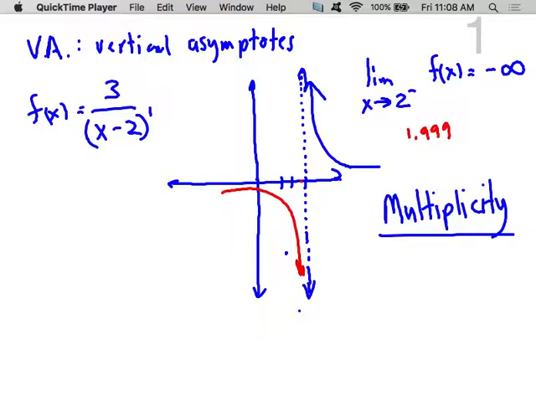Does this sound familiar? What if the multiplicity is odd? If it's odd, then we have 1 up and 1 down. If it's even, they either go both up or both down.